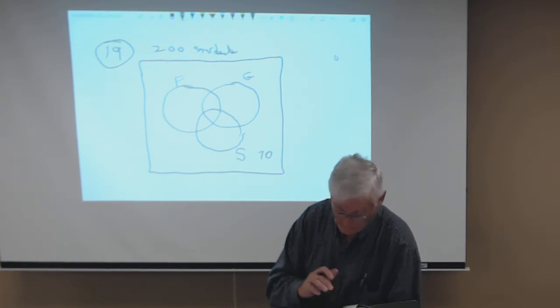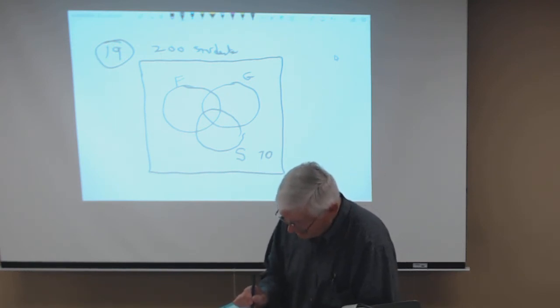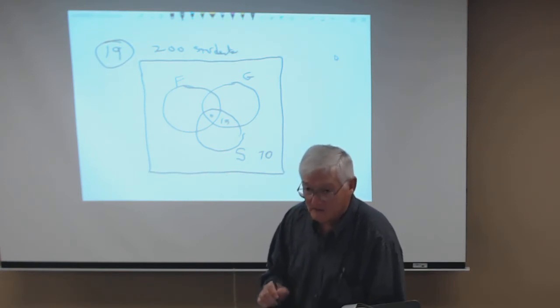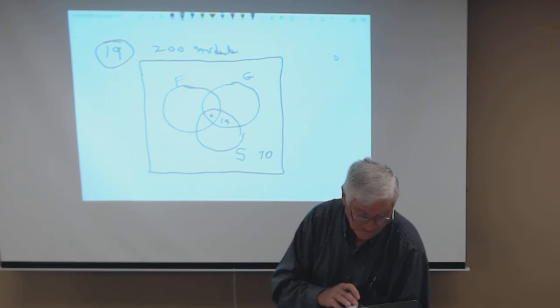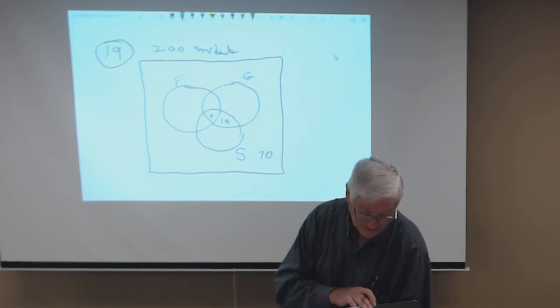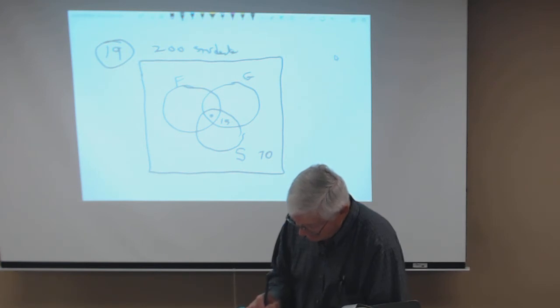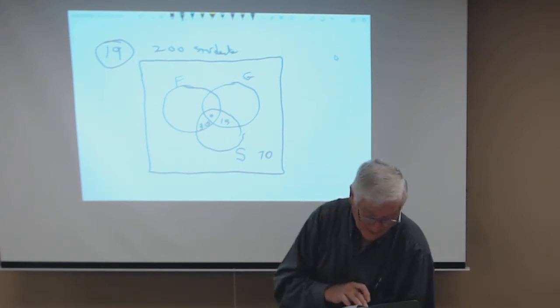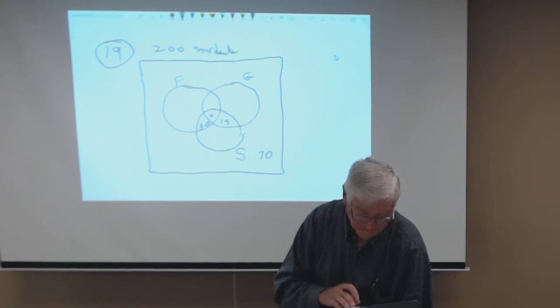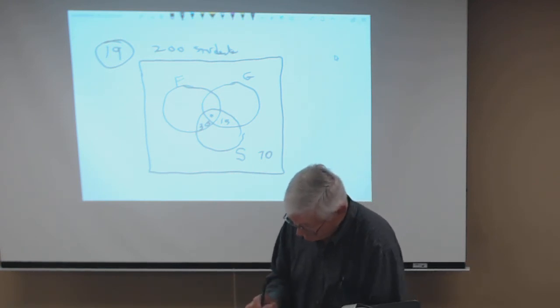15 are taking German and Spanish. So here's German and Spanish, and I have 15 people here because I had 0 right there. Agreed? Back up. What's the next thing it says? 30 are taking French and Spanish. So right here I have 30. And then back up. What's the next thing it says? 10 are taking French and German.